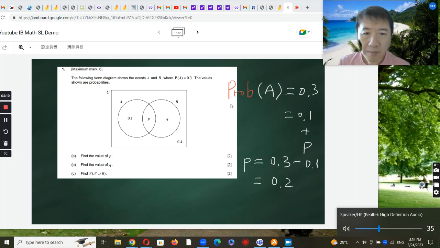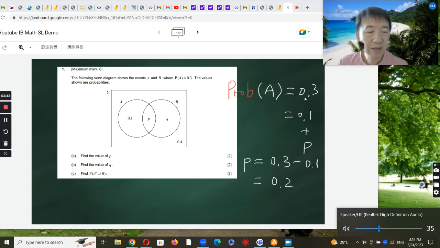So you have a small letter p and a capital letter P, which is quite confusing, so I'm going to write this capital letter P as PROB for probability. Probability of event A is 0.3. Now this 0.3 is made up of this 0.1 plus the small letter p.